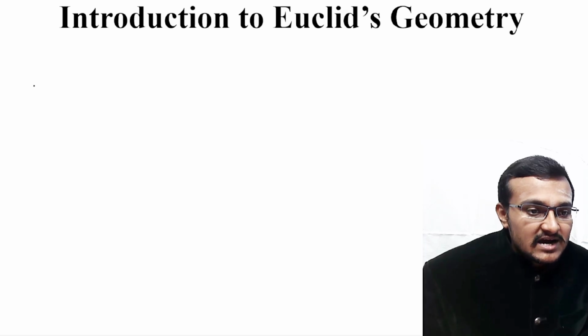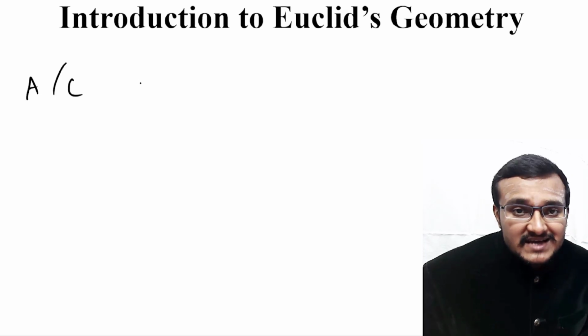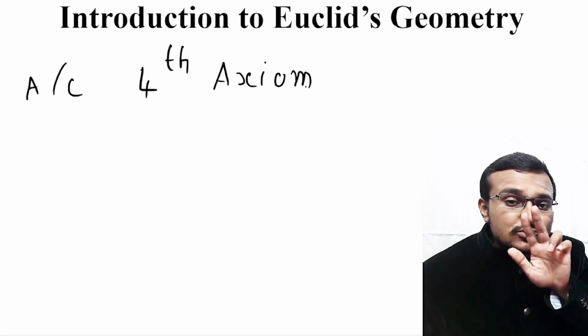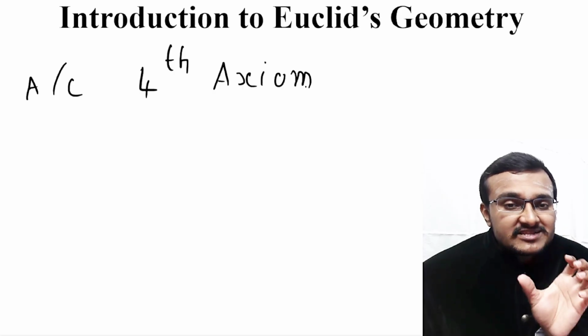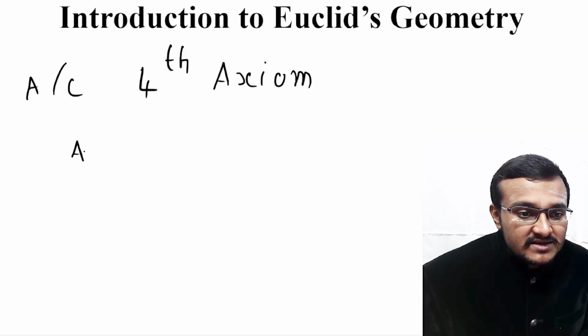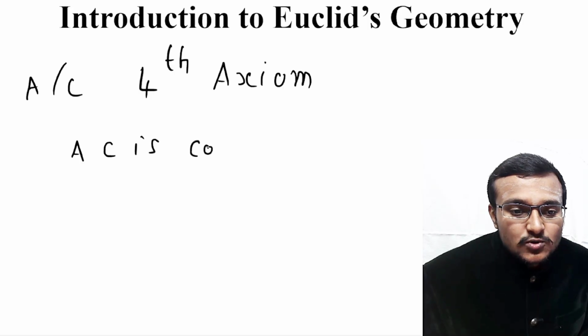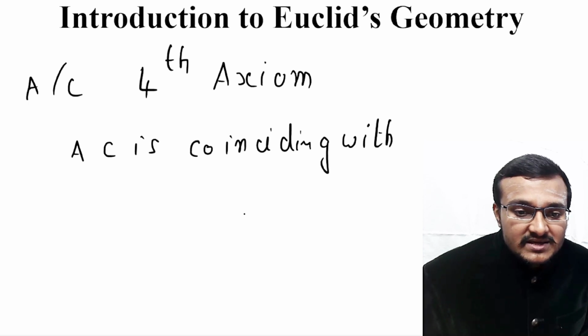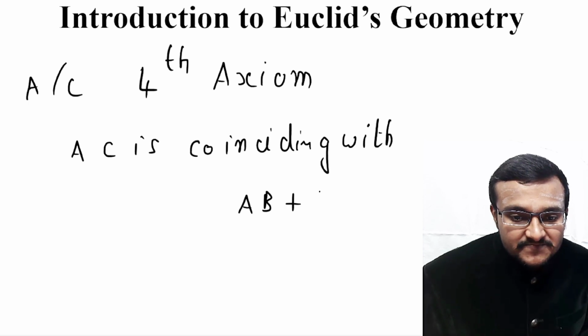Here, according to Euclid's fourth axiom, if two objects or two shapes coincide with each other exactly, then those two are equal. Here AC is coinciding with AB plus BC.